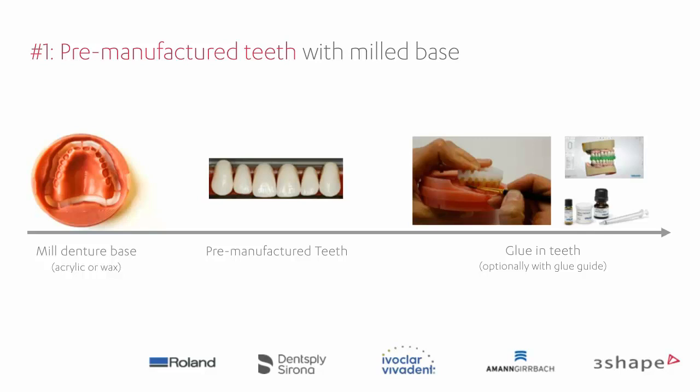There are significant challenges with this, also because the teeth are often not made for digital workflows, which means that the teeth can be flying around in the pockets like this, which is also why some people have this glue guide or jig to actually glue in the teeth. But people are still using this. This workflow is still quite popular.